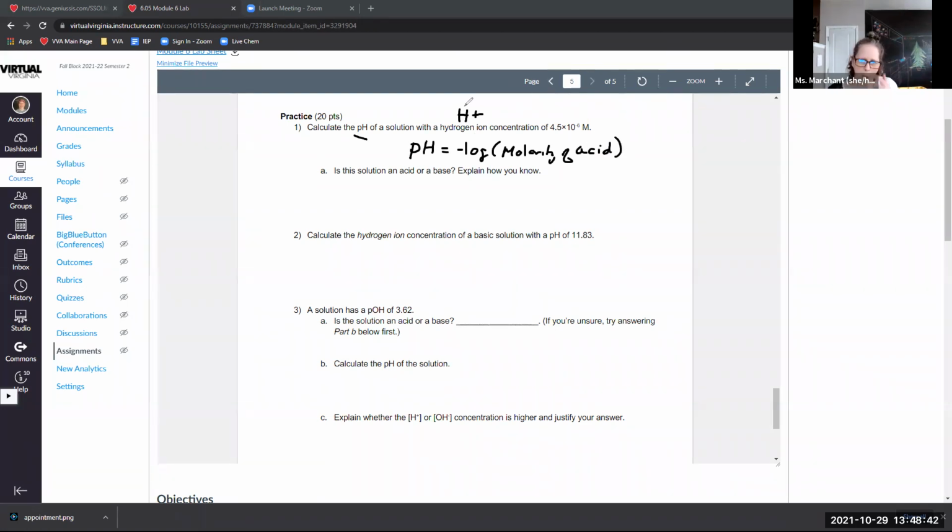You could also think of it as negative log of the concentration of H plus. So I would do negative log of 4.5 times 10 to the negative 6 to find the pH of a hydrogen ion concentration or to find the pH of an acid.